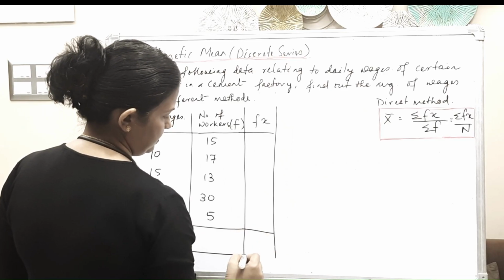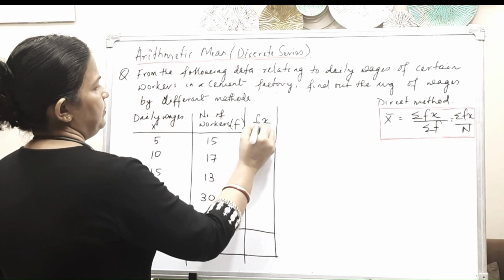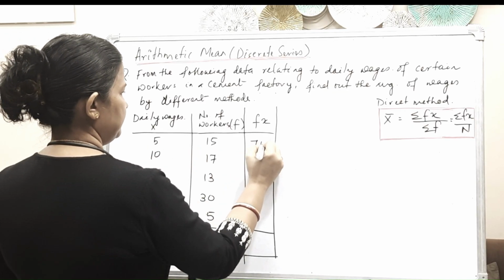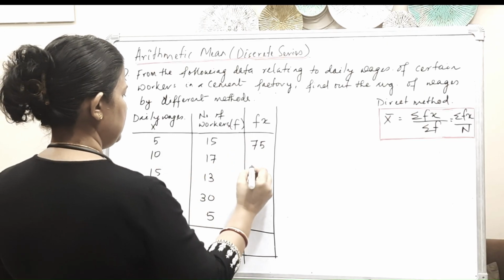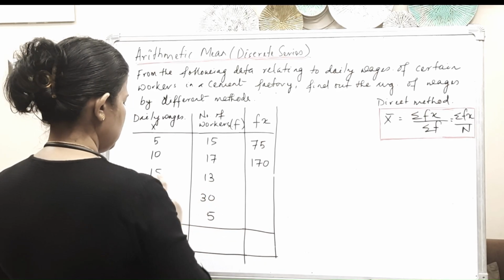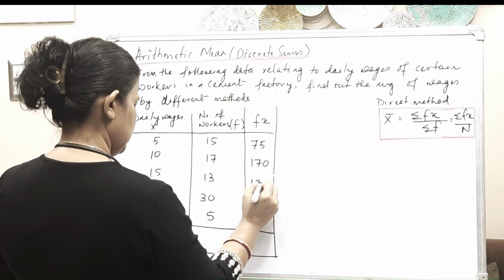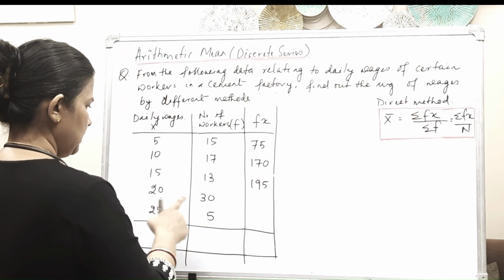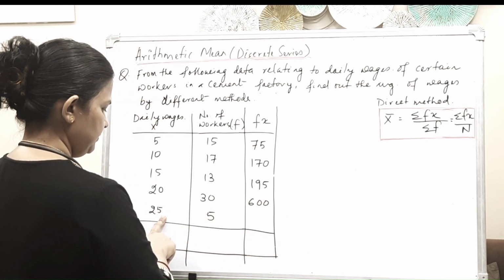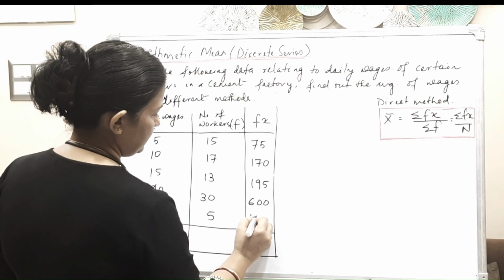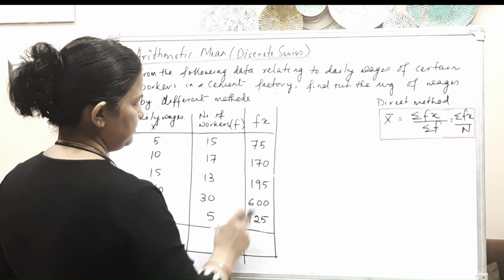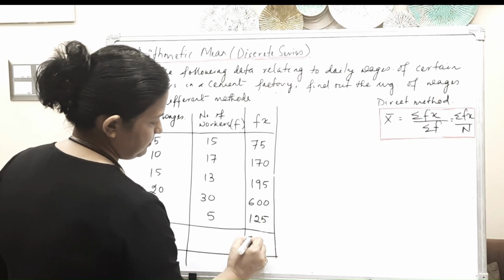So let us calculate f into x: 15 into 5 is 75. 17 into 10 is 170. 13 into 15 is 195. 20 into 30 is 600. 25 into 5 is 125. Now we can find sigma of fx by doing the summation.